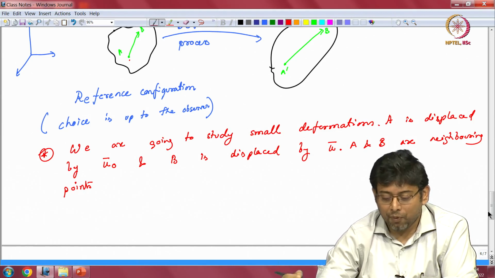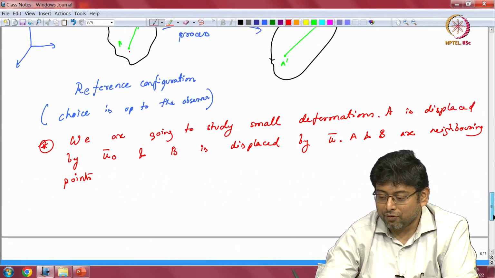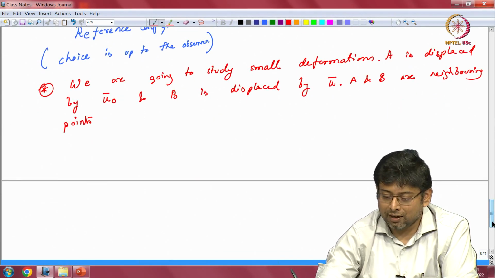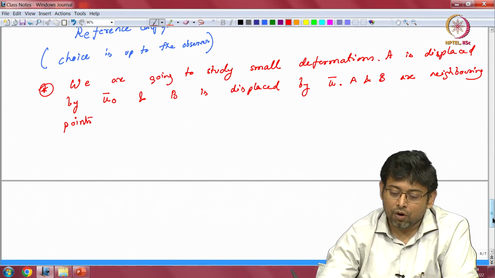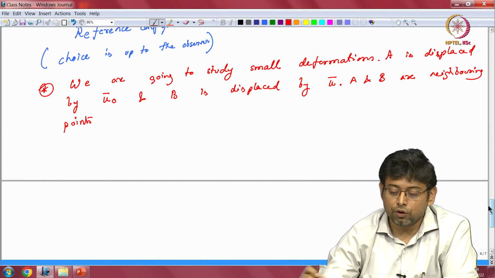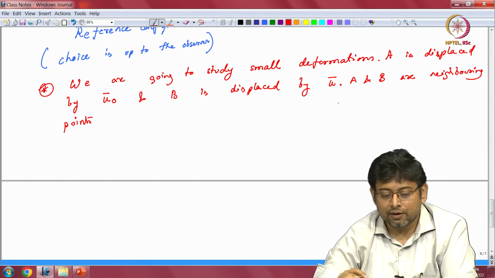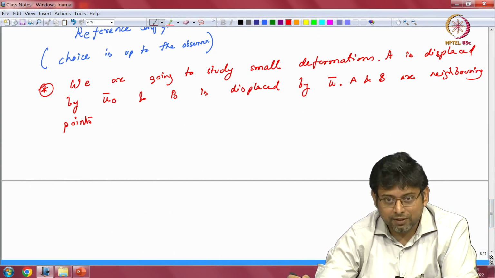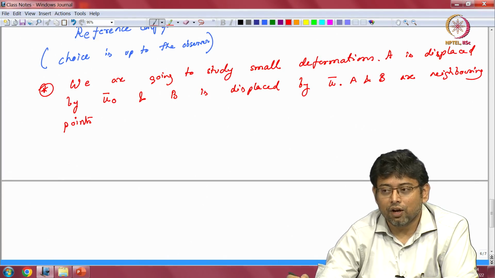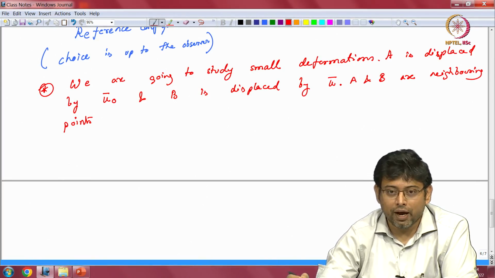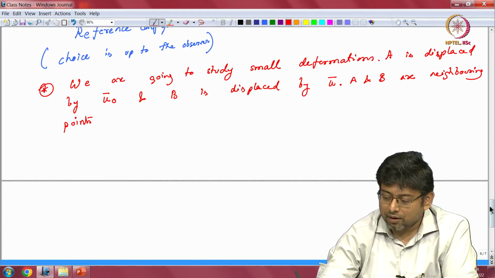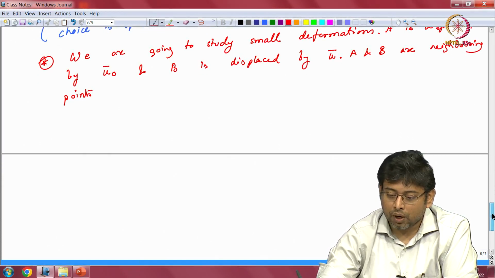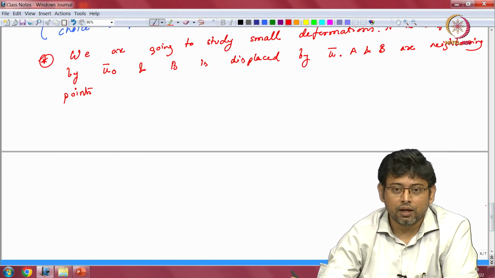Here we are discussing both, so we have to be very careful in how we name our variables. I'll use u as a variable for displacement, and when it comes to velocities, I'll try to use ux, uy, uz to delineate that.